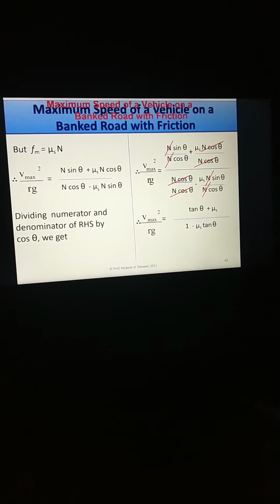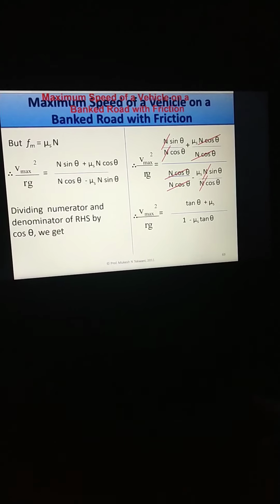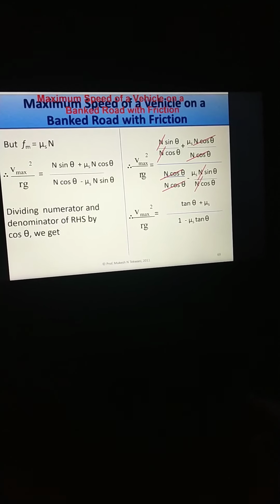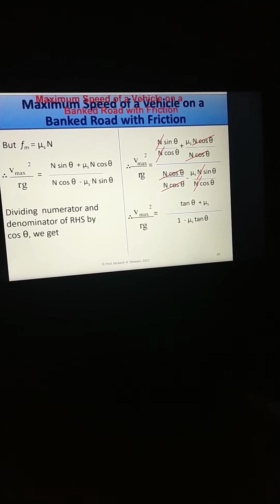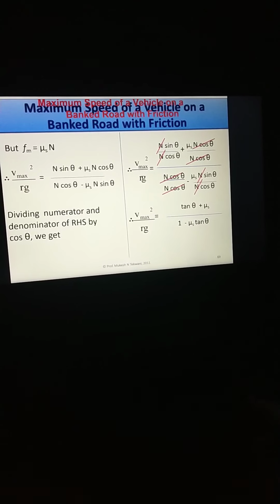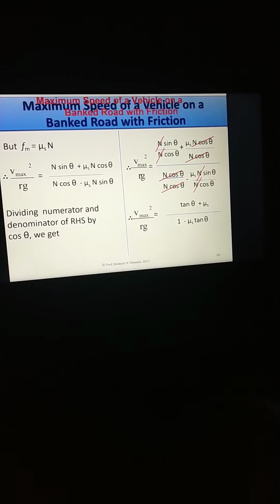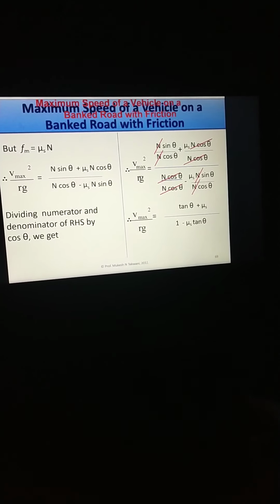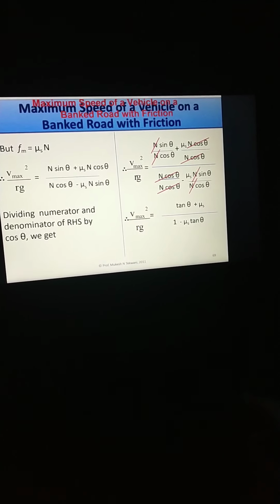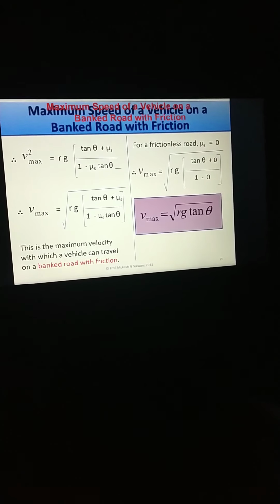Similarly, in the denominator, first term N cos theta divided by N cos theta minus mu s N sin theta divided by N cos theta. You can cancel the N cos theta terms. So the remaining, sin theta upon cos theta, we write as tan theta, plus only mu s is left, divided by 1 minus mu s, again sin upon cos will be tan theta. So this is the expression we get for the maximum velocity.